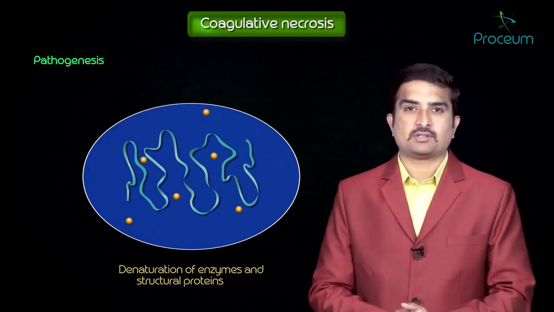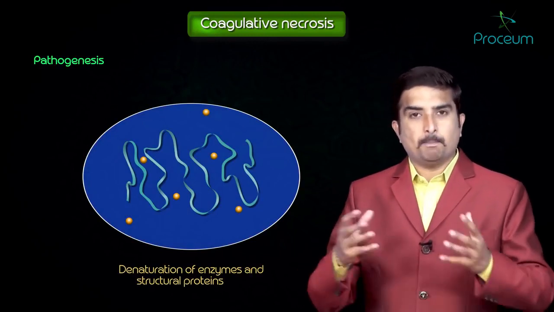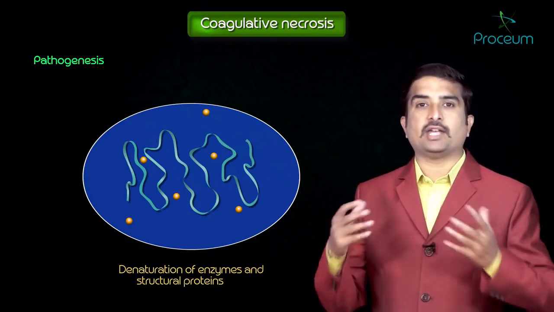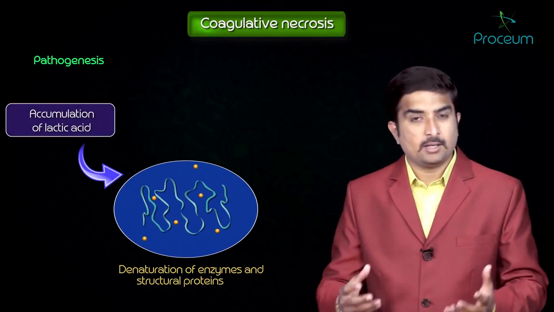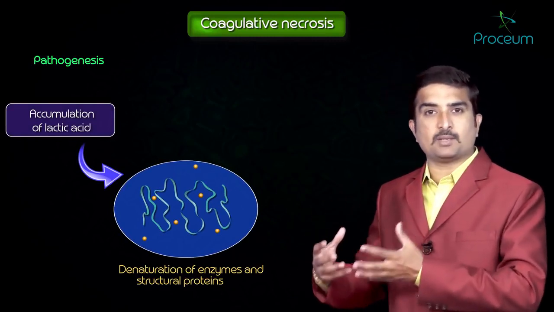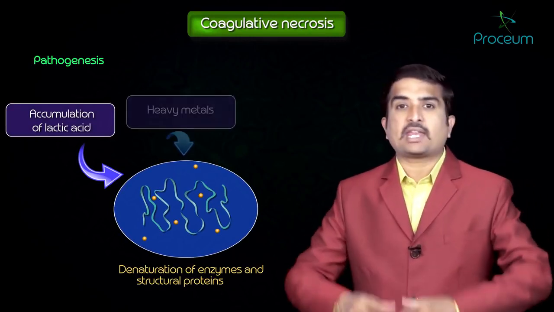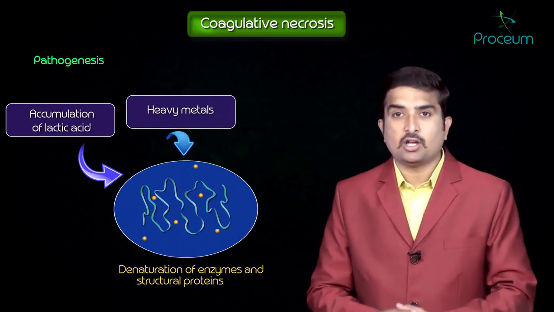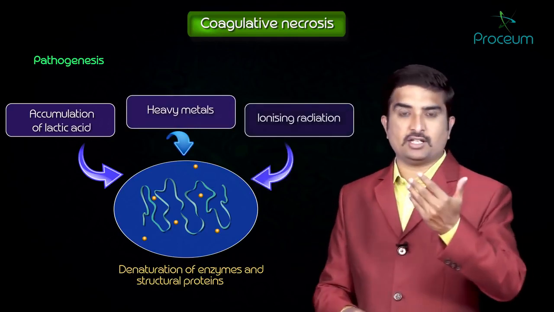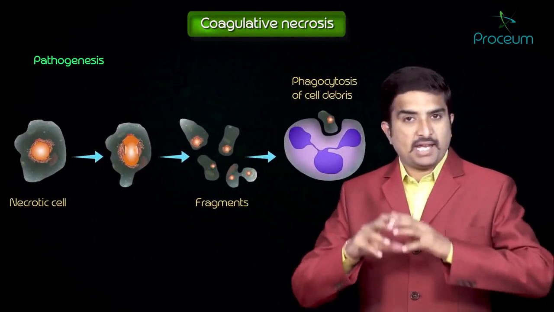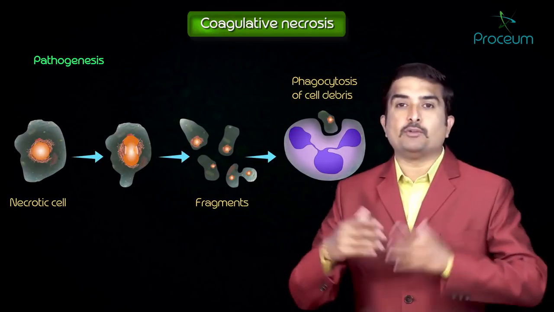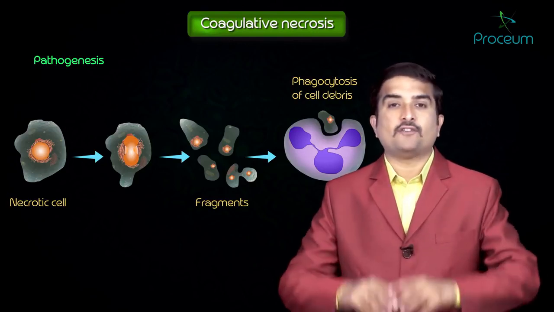Denaturation of enzymes and structural proteins occurs in coagulative necrosis, caused either by the accumulation of lactic acid because of the ischemic mechanism inside the cell, or heavy metals intracellularly, or exposure of cells to ionizing radiation.